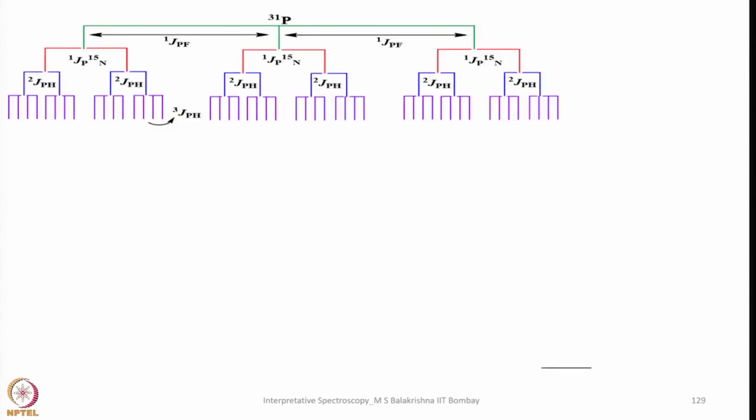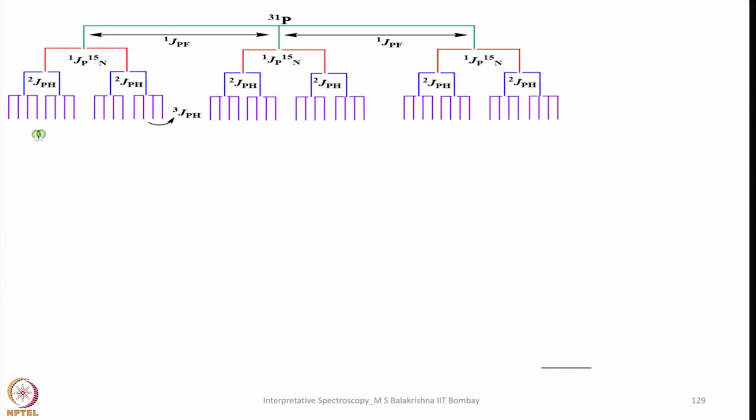Now, it is very clear that the 31P NMR spectrum can be interpreted by writing this coupling tree. You can see first it is coupled with 3 fluorine atoms to give a triplet, and then each line is coupled with 15N to give a doublet, and then each line of these doublets again splits into a doublet because of 2 bond hydrogen coupling.